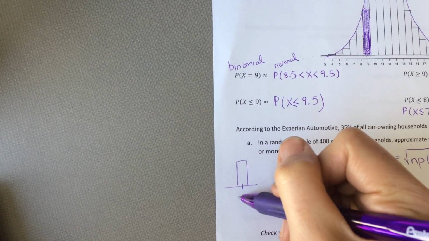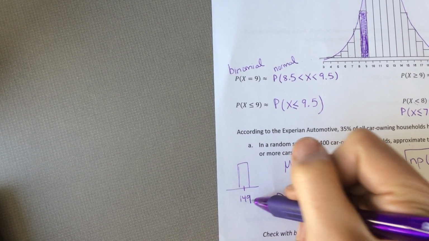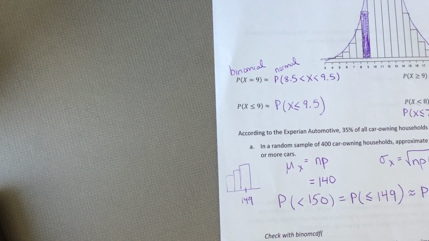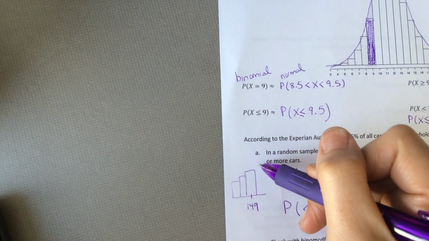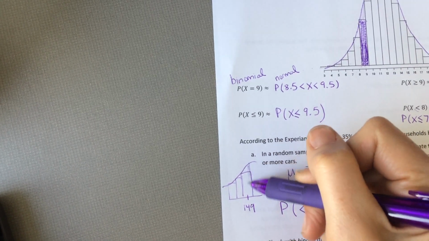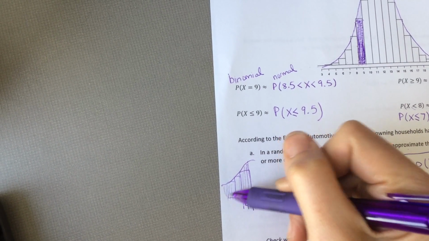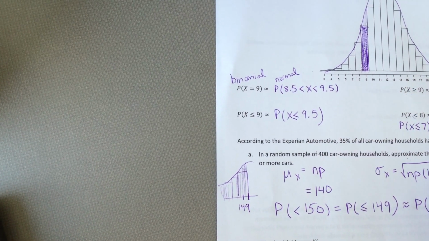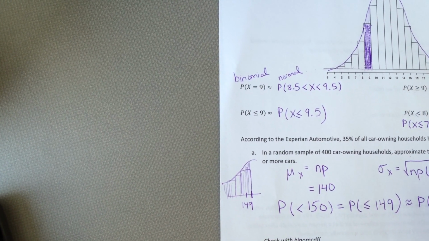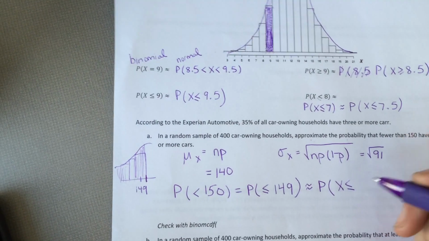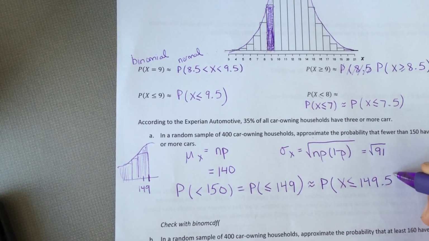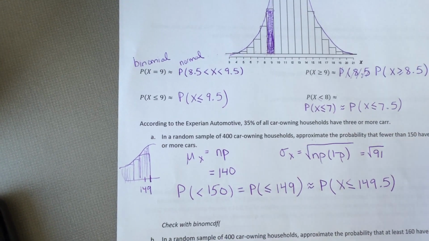Let's say this is our 149 rectangle, and we're going less than or equal to 149. Since probability is area underneath the normal curve, we're actually starting at 149.5. So we can write x less than or equal to 149.5 under the normal curve.